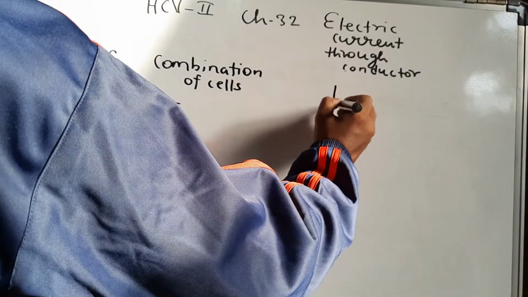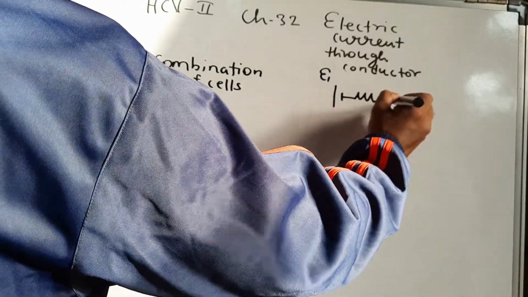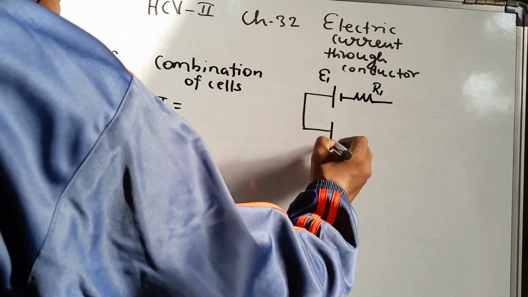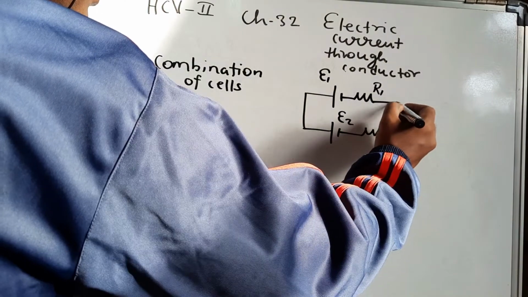Let's say we have a cell having EMF E1, internal resistance R1, and another cell of EMF E2, internal resistance R2.